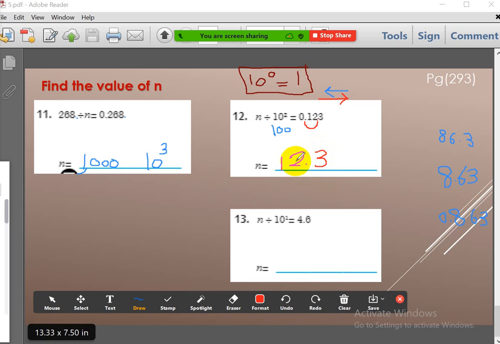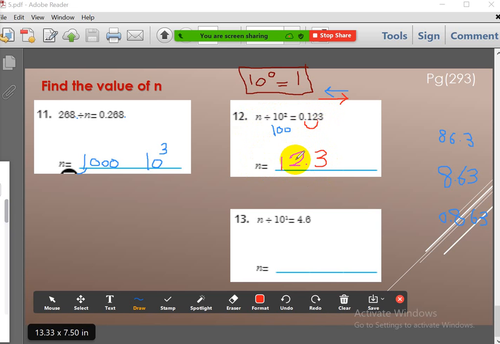And if you want to check whether your answer is correct or not, you can replace n, as I said last lesson. To check your answer in this type of question, you can replace n with this number and do the division. If you have the same answer, that means your number is correct.